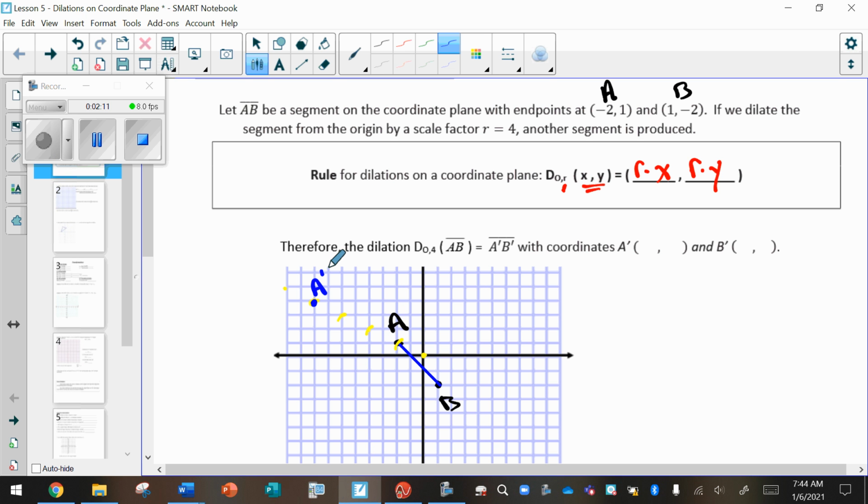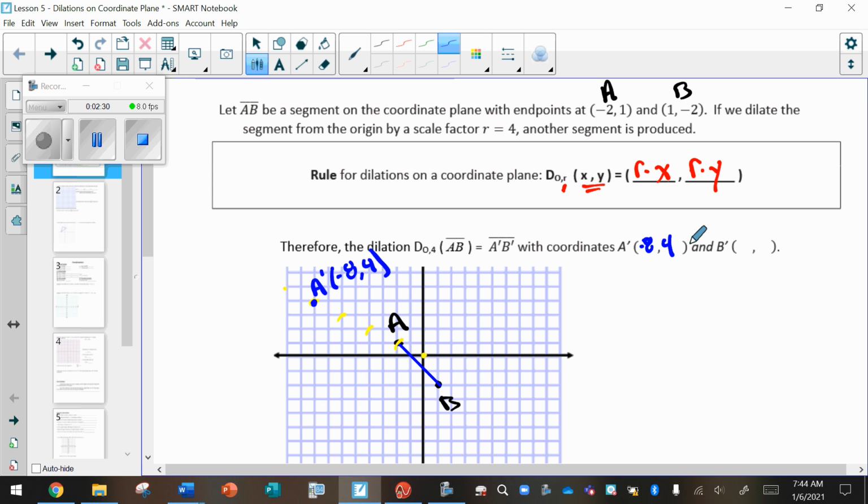But the rule for that would come from looking at the coordinates of A prime, which are (-8, 4).